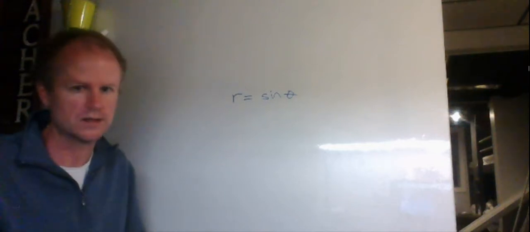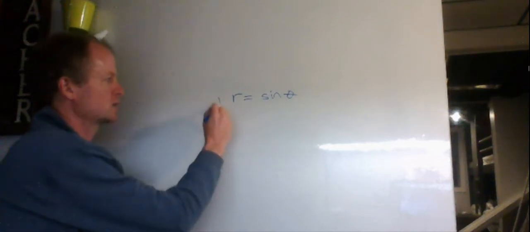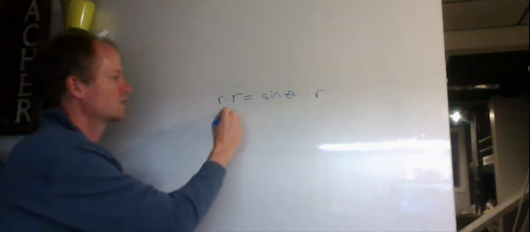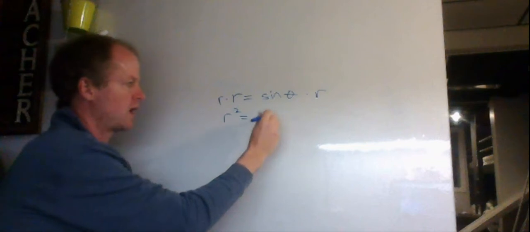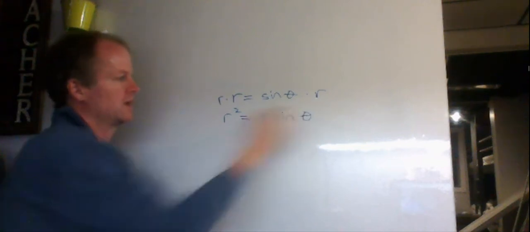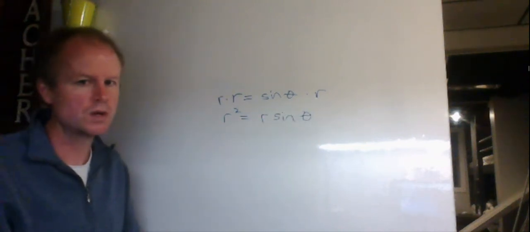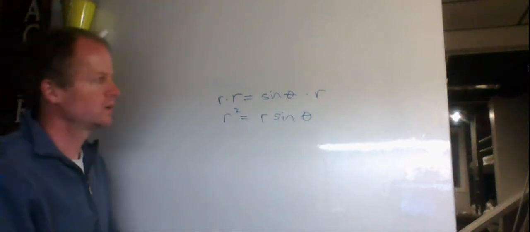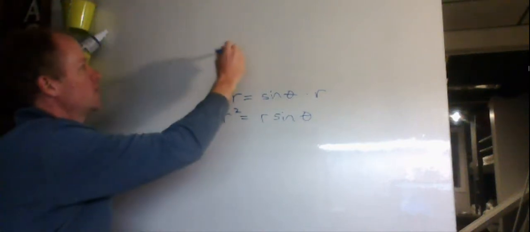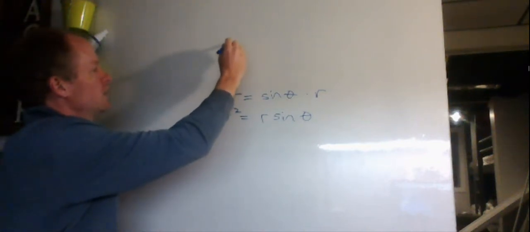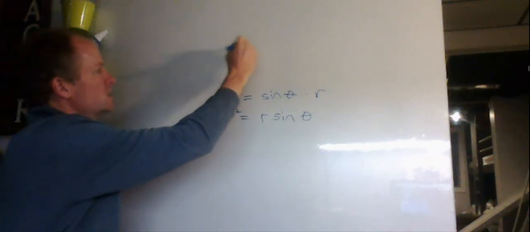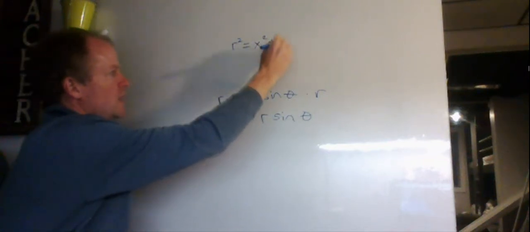in the previous video. So if I multiply both sides by r, I end up with r squared on this side and r sine of theta on this side. A minute ago we talked about the fact that r squared is the same as x squared plus y squared.